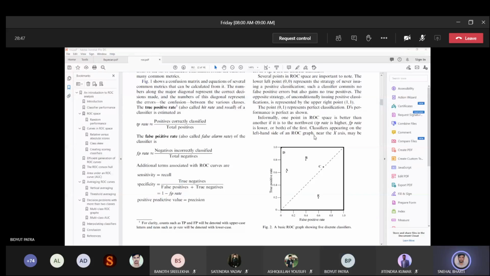Sir, yesterday you told that you'll be showing us an example of a confusion matrix where all the four, true positive, true negative, false positive, false negative, have some value. Without an example, it's difficult to understand, right?